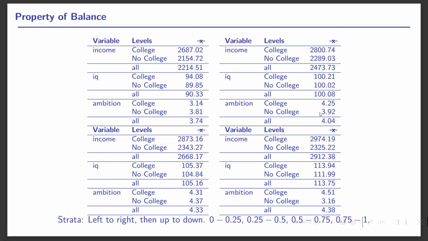Another interesting feature in this table, by the way, is that the two middle tables actually give pretty good estimates of the treatment effect if we compare the means of income between college and non-college students. So that's a final estimator that you can use to calculate the average treatment effect.